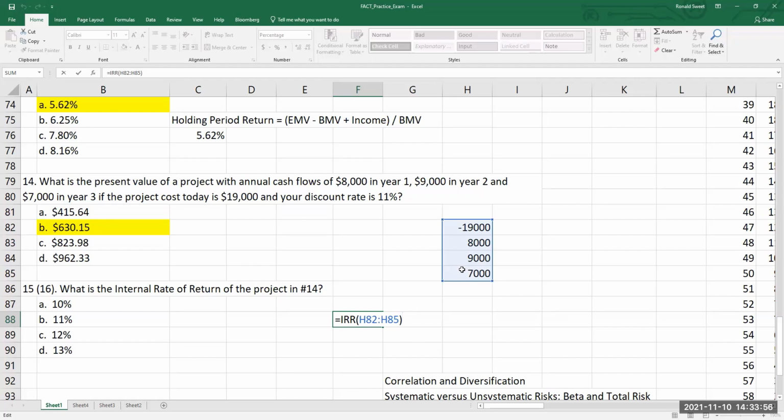No, yeah, the order does matter. 19 has to go first. Yeah, your cost has to be the very first one. Yeah. So I was looking at my screen and going, no, that looks right, but well, that's my screen. It's perfect. I got the 13.